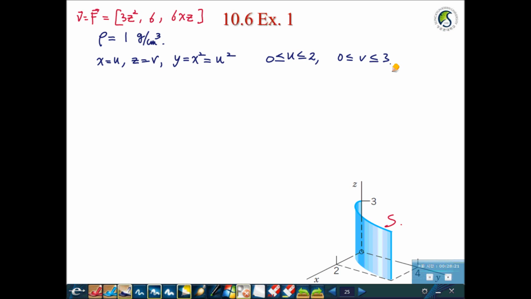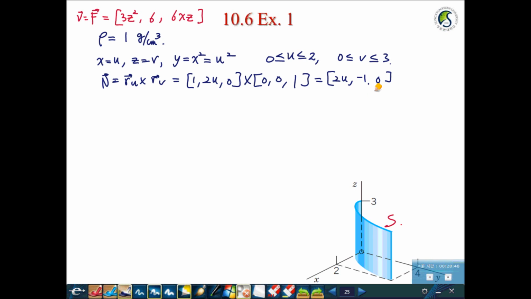So the n vector is r_u cross r_v, which is (1, 2u, 0) cross (0, 0, 1), which is (2u, -1, 0).